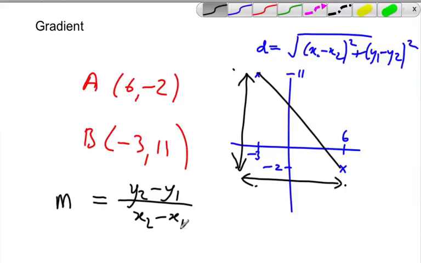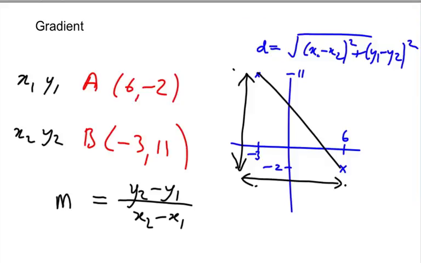Let's make A x1 y1, B x2 y2. y2, here it is here. y2 take away y1 gives us 13.